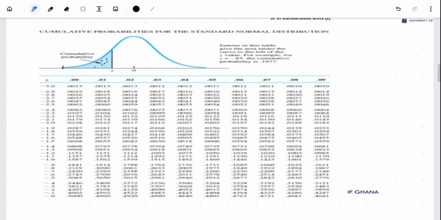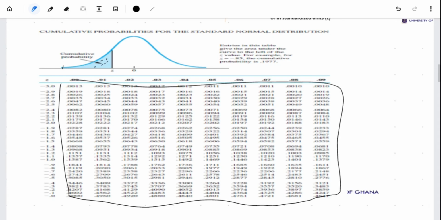This is telling us that all the probabilities in this diagram are found here, and their limit, where this line is, has been labeled z. Which means all the probabilities here are less than z.